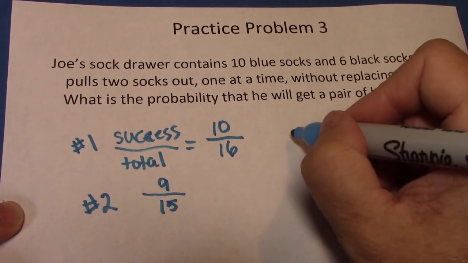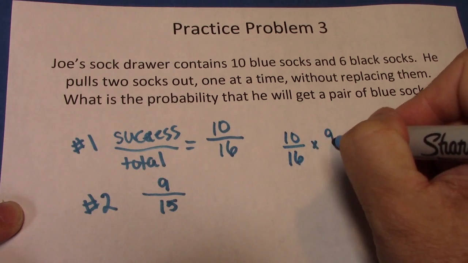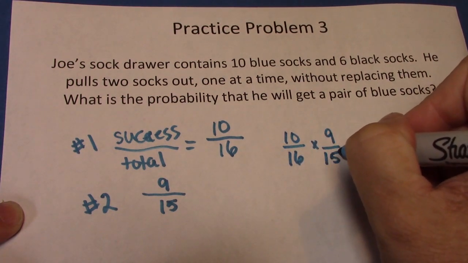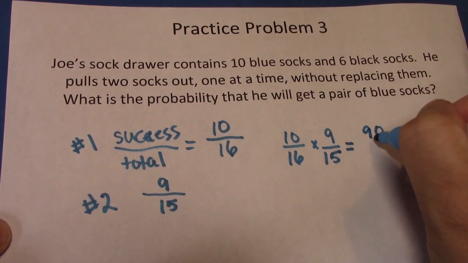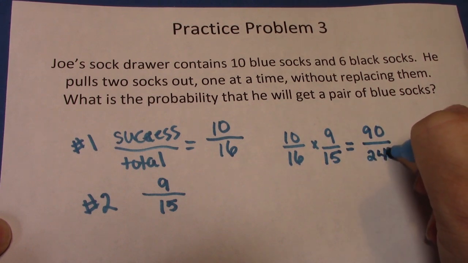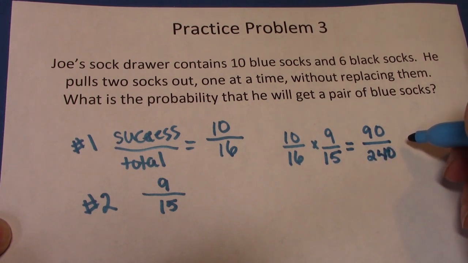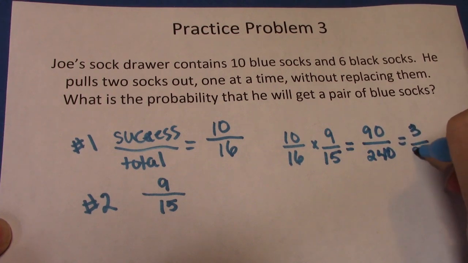So now, to get both of them together, we have to multiply 10/16 by 9/15, and that equals 90 over 240. We can simplify that fraction to 3/8.